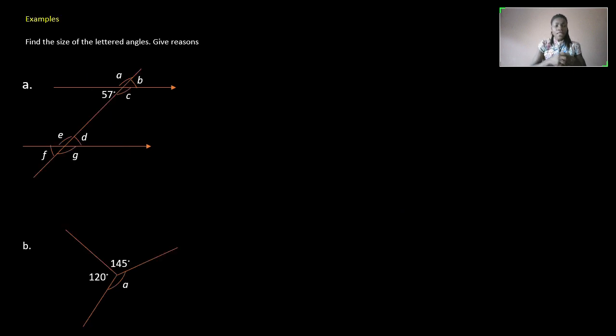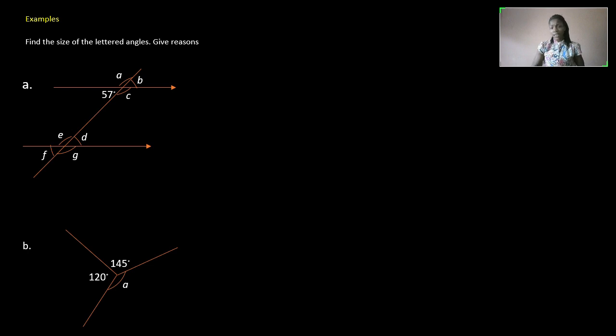So let's look at examples. Here, in the first example, we are asked to find the size of the lettered angles, and we're also asked to give reason.